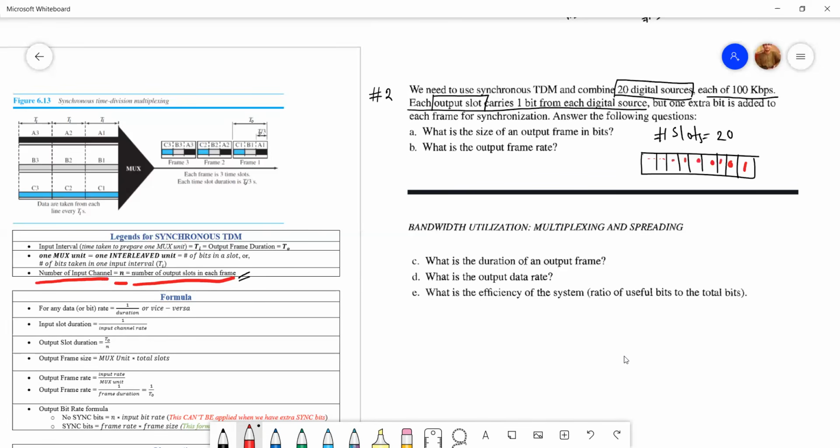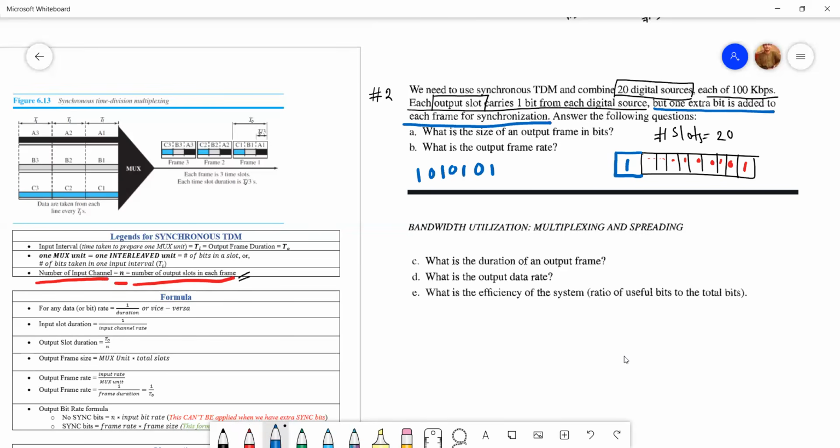So the frame size, now the following is about the one extra bit, but there's a catch. They are saying that one extra bit is added to each frame for synchronization. We know that in synchronous TDM, to sync the signal clock and the receiver clock, we might also use some sync bits, and the sync bit is basically a single bit or a pattern like 101, 101, 101.